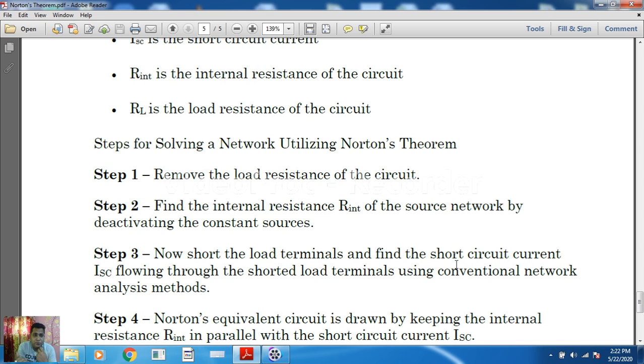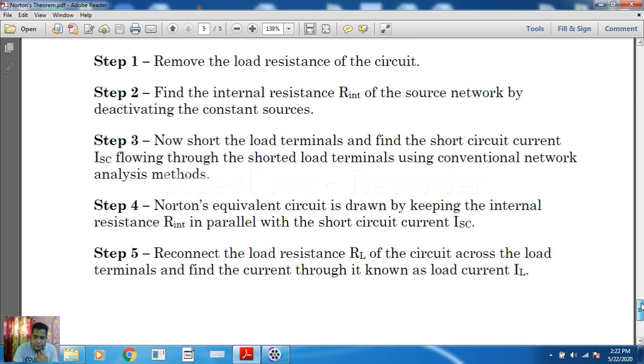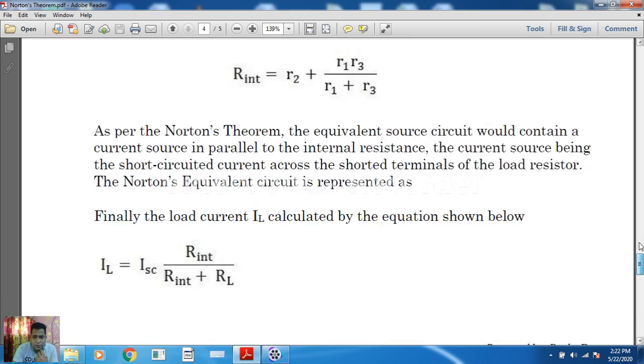Next, remove whatever sources are there, maybe voltage, maybe current, then view from the load terminal from where we disconnected the load and find the equivalent resistance. In the next step, connect the current source, the equivalent resistance and the initially disconnected load resistance in parallel, and using the current division rule find the current passing through the load resistance.